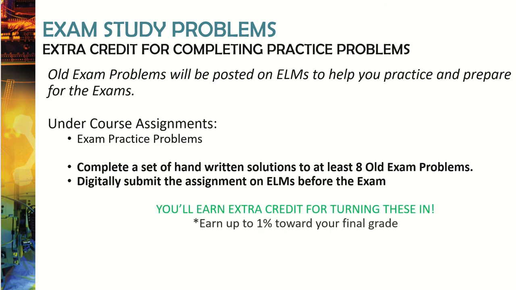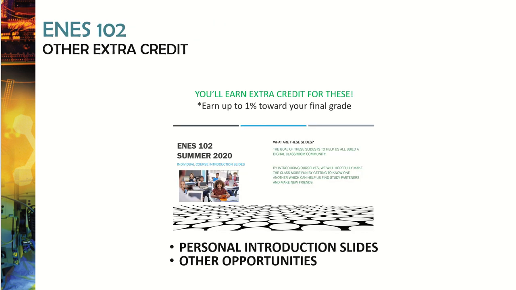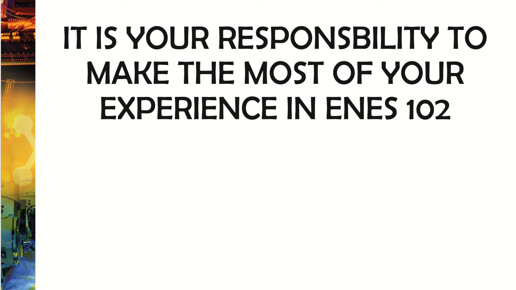By doing this for all of the exams, you'll earn up to 1% towards your final grade overall. There will also be other extra credit opportunities, like the personal introduction slides I already mentioned. Coupling this with other opportunities in the class, you can also earn up to a whole other percent towards your final grade, meaning that extra credit in this class can boost your grade by 2 overall percentage points.